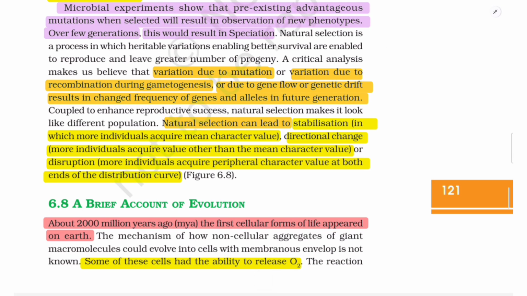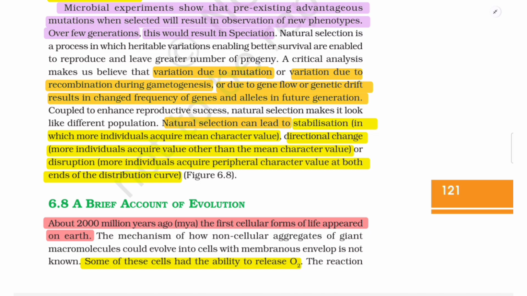Microbial experiments show that pre-existing advantageous mutations, when selected, will result in observation of new phenotypes. Over a few generations, this would result in speciation. Natural selection is a process in which heritable variations enabling better survival are enabled to reproduce and leave a greater number of progeny.